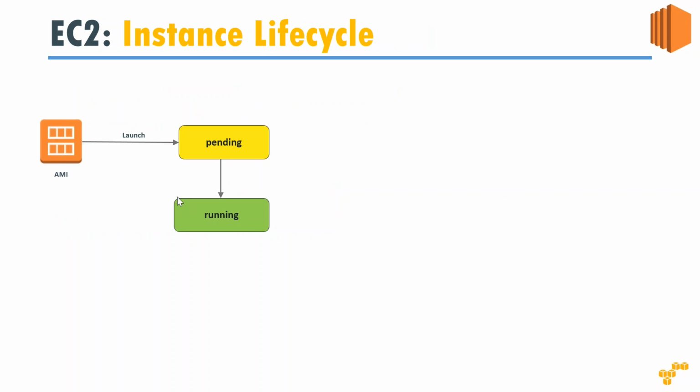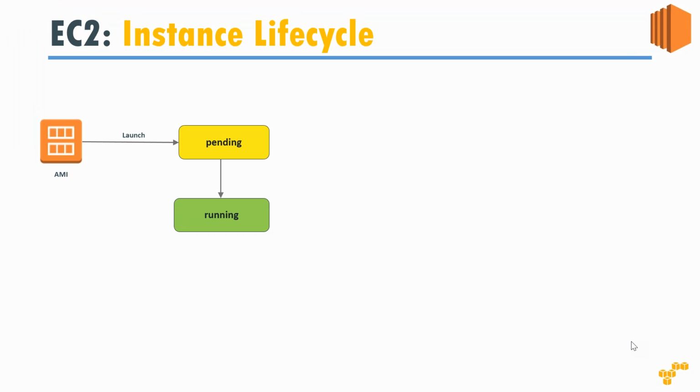So, instance lifecycle. Let us look at instance lifecycles. Let us say you have an Amazon machine image and you are launching it, a Linux instance or a Windows instance. From the moment you launch it, it will be in the pending state.